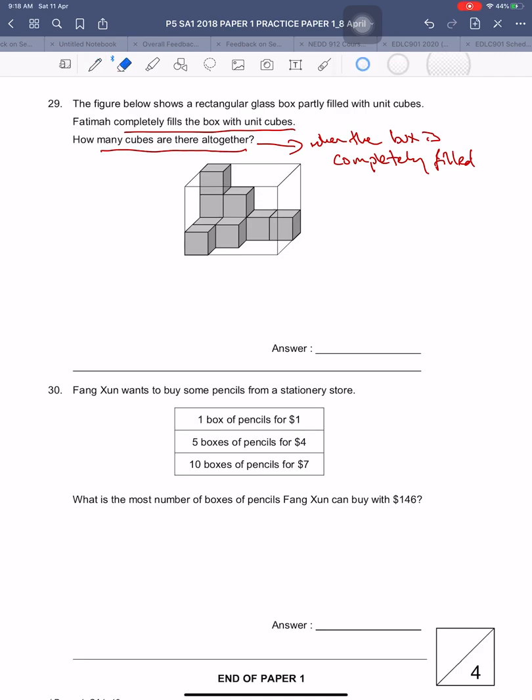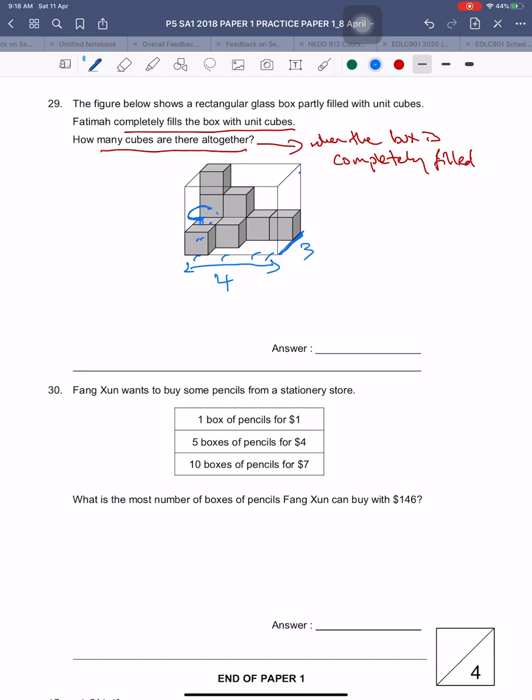From here you can see that along the length, this is the length, you can fill 4 cubes. 1, 2, 3, 4. Let's look at the breadth. You can fill 1, 2. Actually, there's 1 cube you cannot see, but below here, so it's 1, 2, 3.